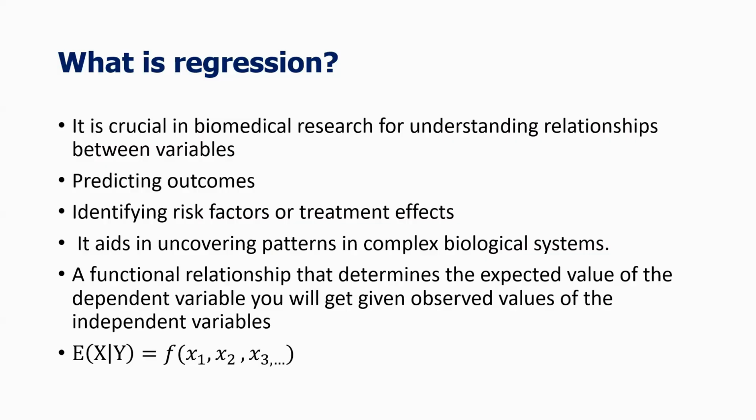It aids in uncovering patterns in complex biological systems where your traditional statistical tests like t-tests and ANOVA are based on a small number of variables. Regressions allow you to explore more complex patterns by incorporating multiple variables and their relationship with the outcome or multiple outcomes. So it allows you to study complex relationships too.